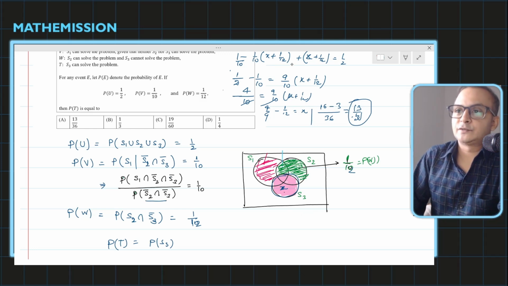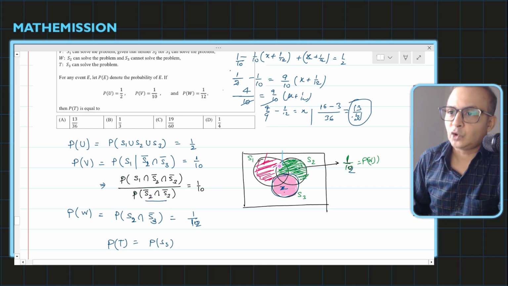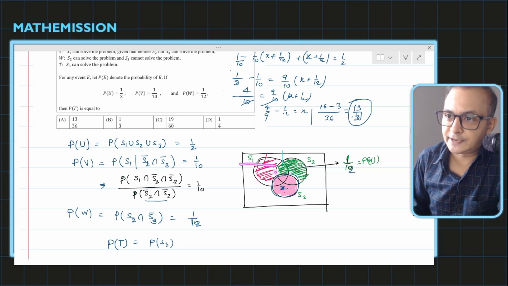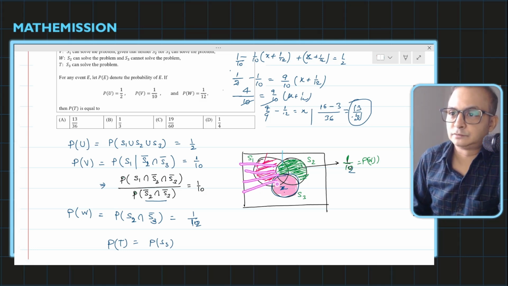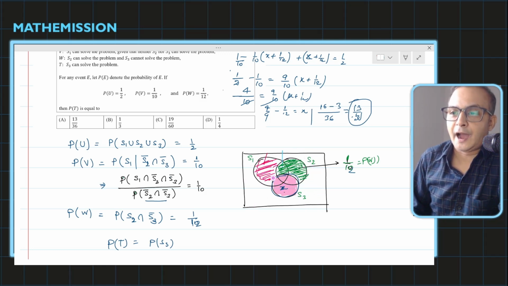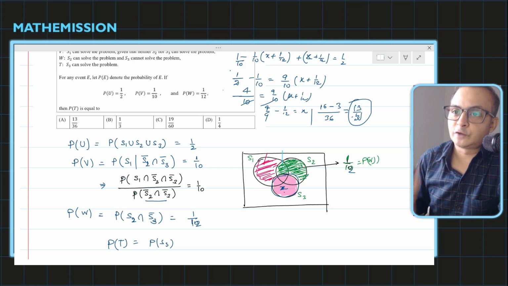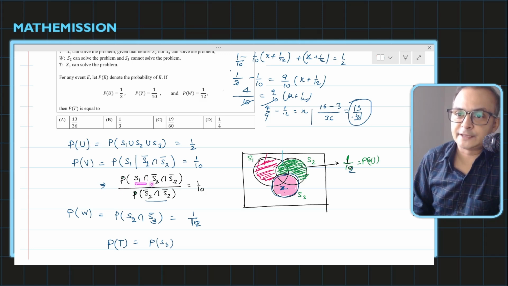S2 dash intersection S3 dash means all the portion which is not taking S2 and all the portion which is not taking S3. Out of that, we are only finding S1 intersection S2 dash S3 dash.